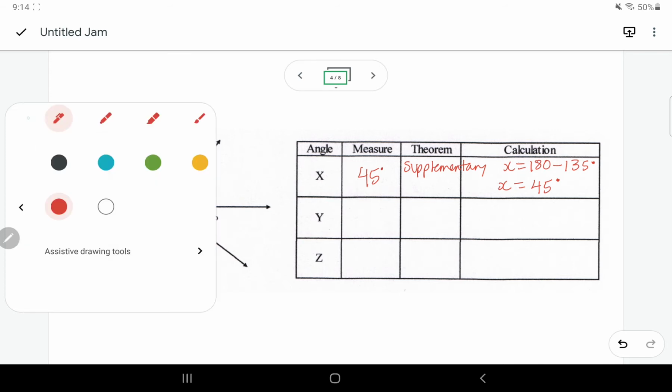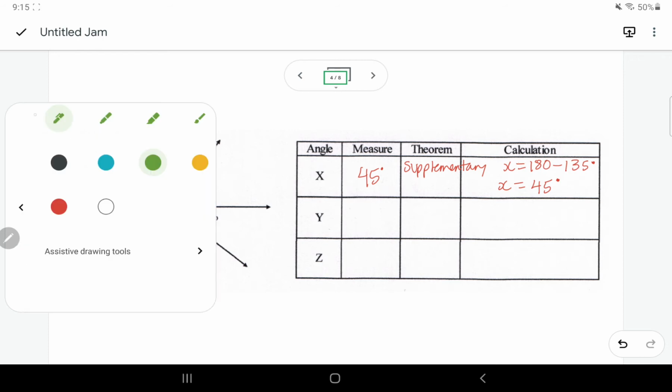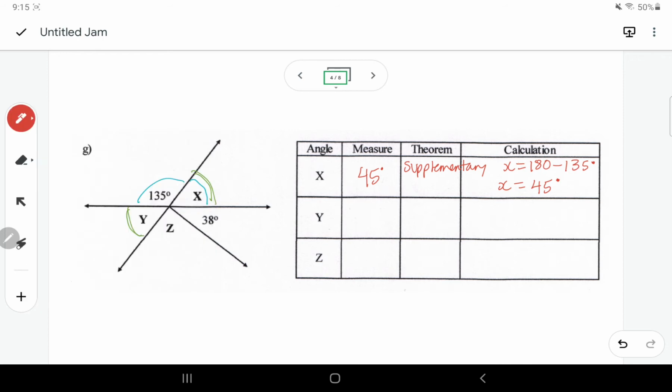Now Y is across from that. So Y is going to also be 45 because of opposite angles. And there's no calculations needed.